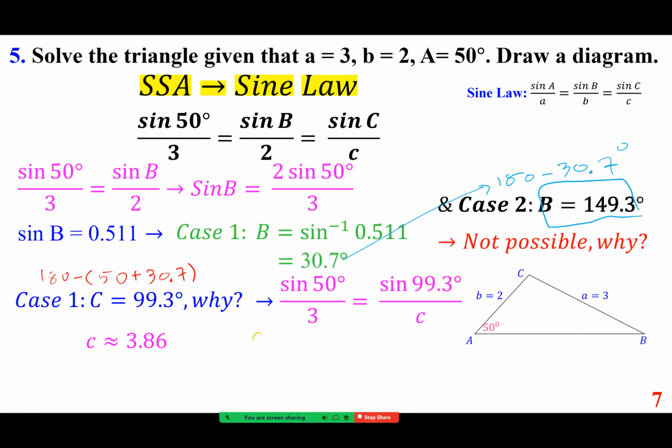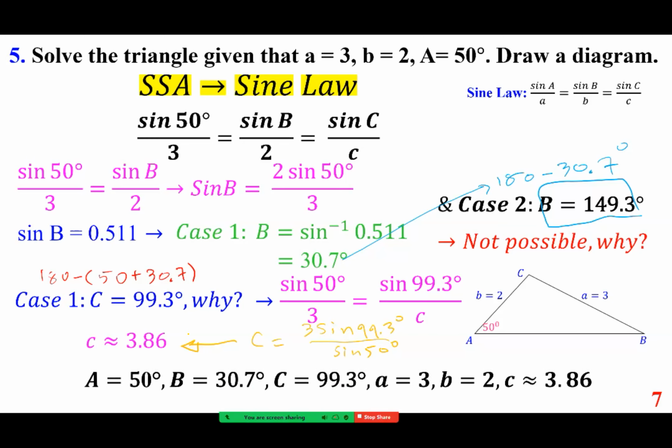So c equals 3 sine of 99.3 degrees over sine of 50 degrees. And here's the synopsis of everything. Again, we are definitely dealing with an ambiguous case, but it either works out or it doesn't.